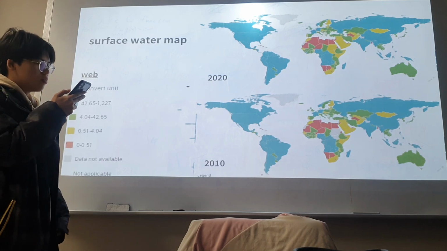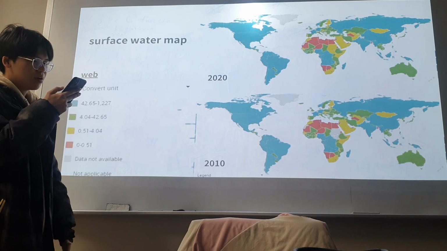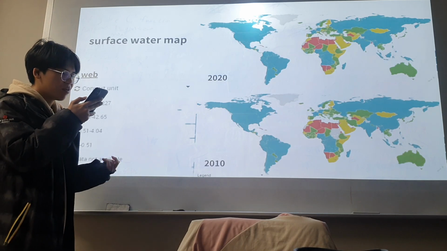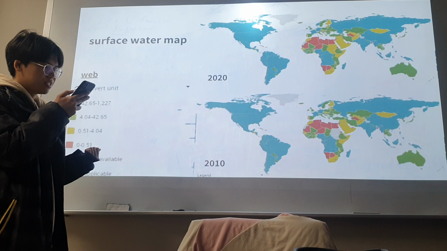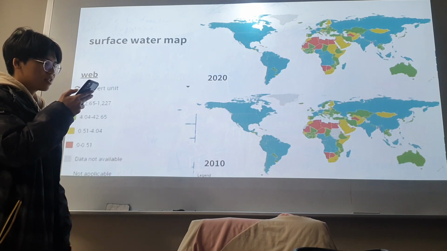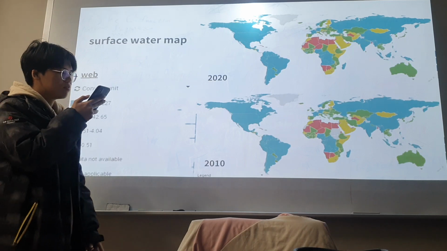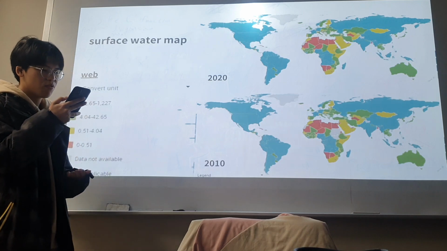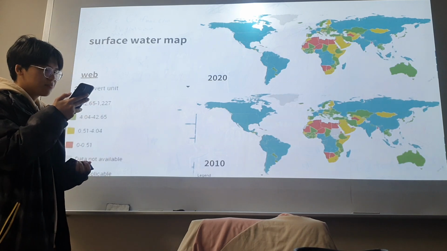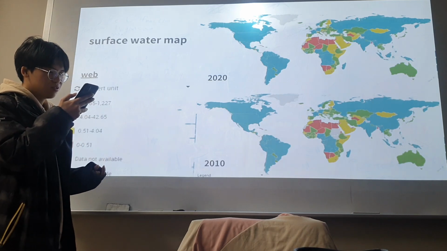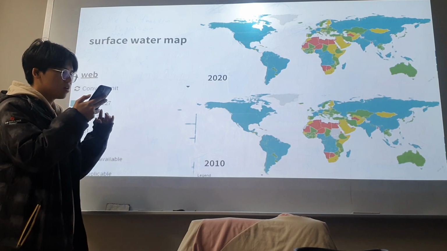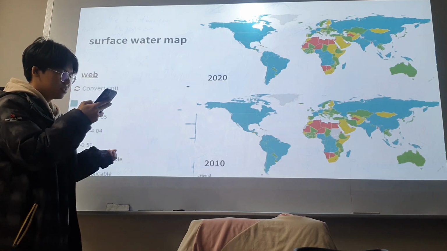Regions like Russia and East Asia maintain stable and substantial surface water levels. In Europe, excluding North Europe, surface water quantities generally fall between those of Africa and the Americas.